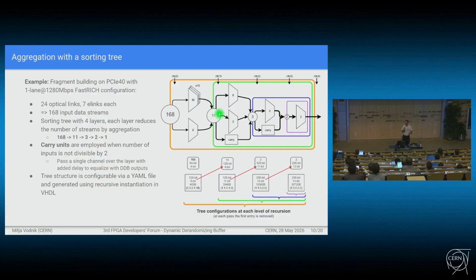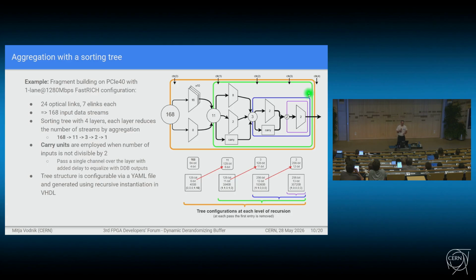It produces just 11 outputs, and those get fed into the next layer, which again aggregates them and reduces the number until we end up with a single output stream which should be ordered.